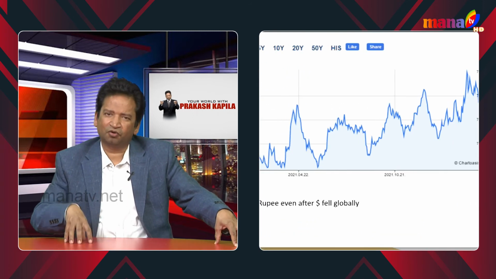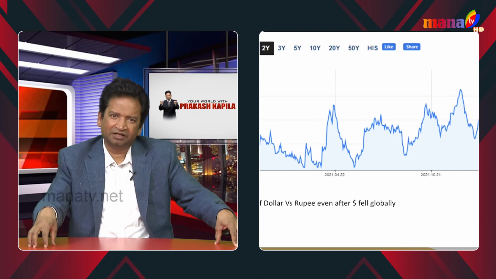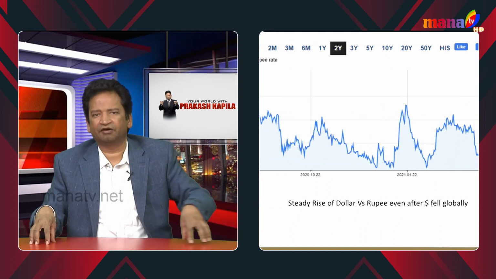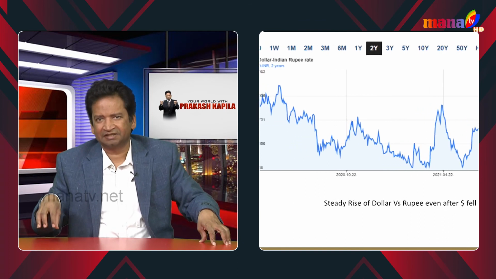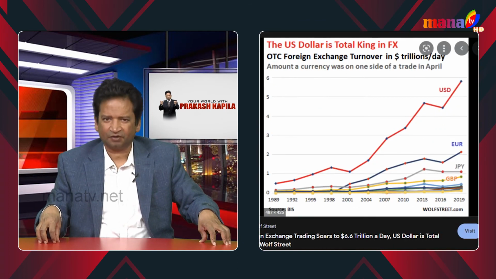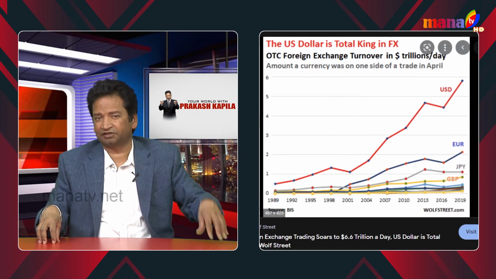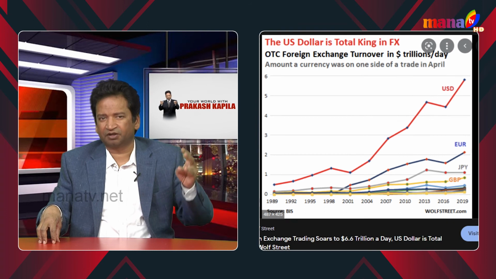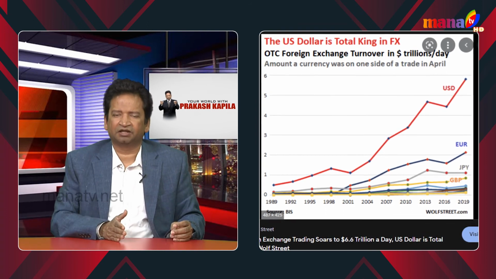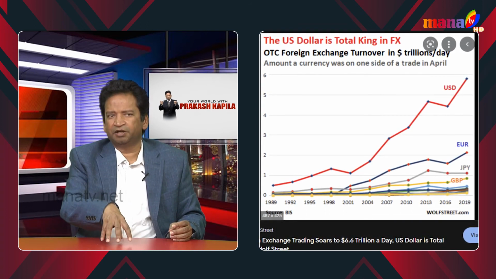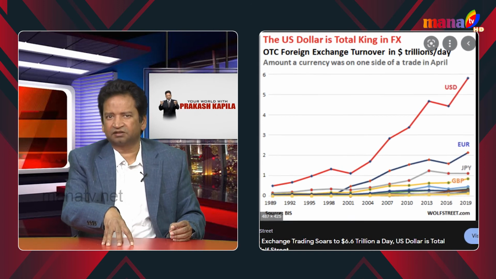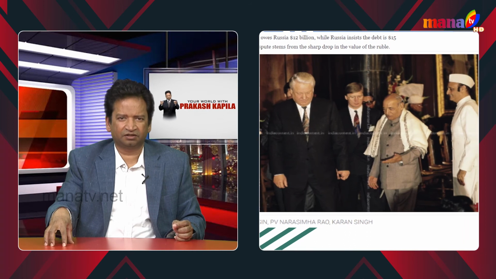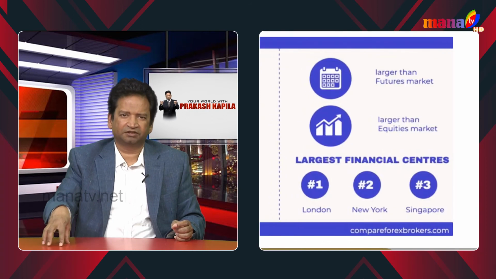Now, with more and more trade with Russia, the stock market is falling down. Most of the FIIs are going away from India, and this is happening. All the stock market fall, all the currency fall is happening because FIIs will take away the money. If you see, big US corporations will not interact with their counterparts in Russia.